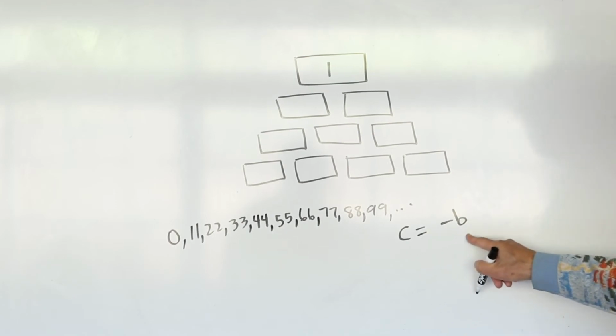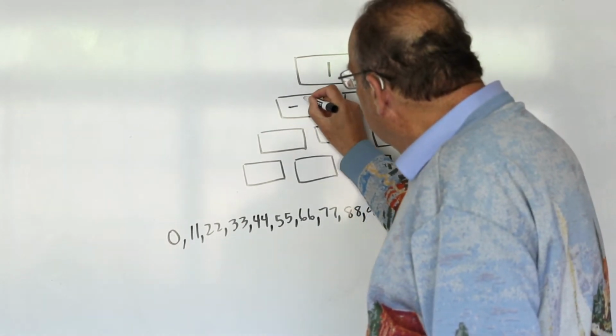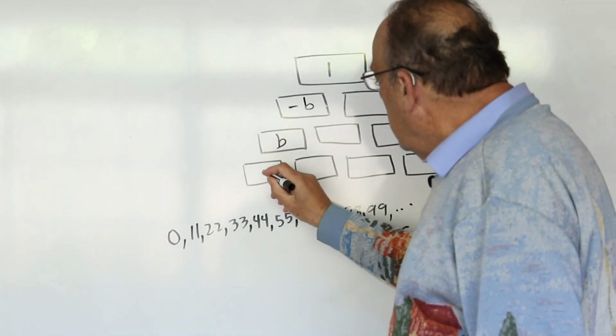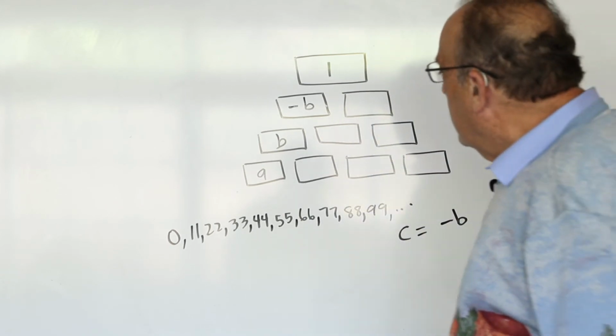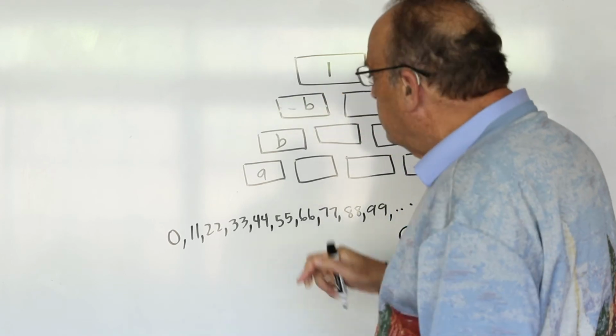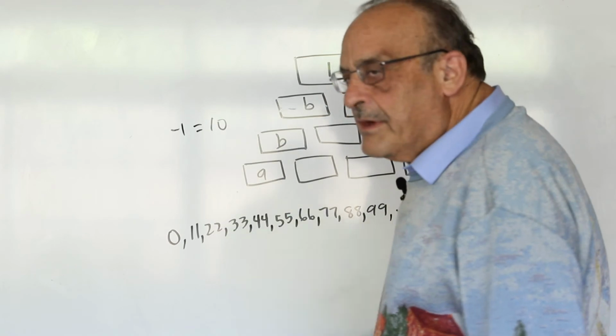Okay, so once we get this big result, we replace C with negative B. And this is still B and A. Instead of having negative B, we can have 10B, because negative 1 equals 10 on the mod 11 clock.